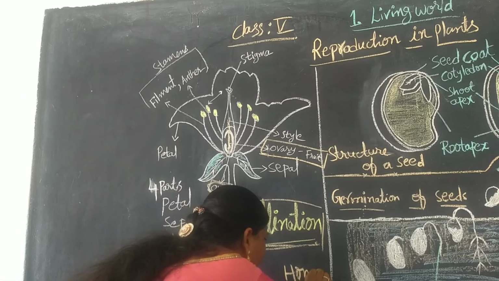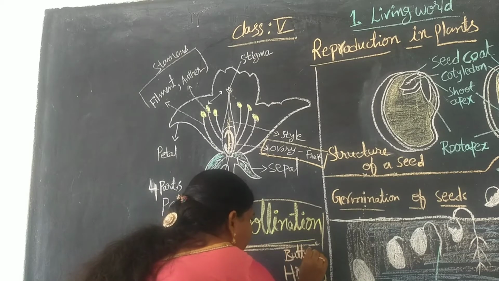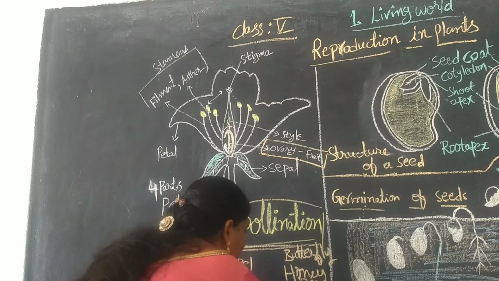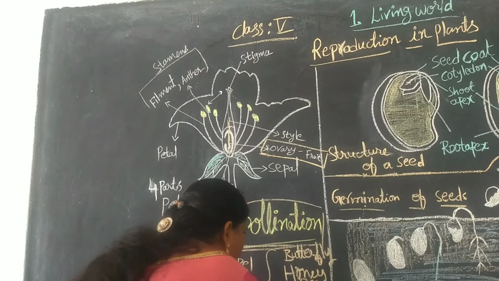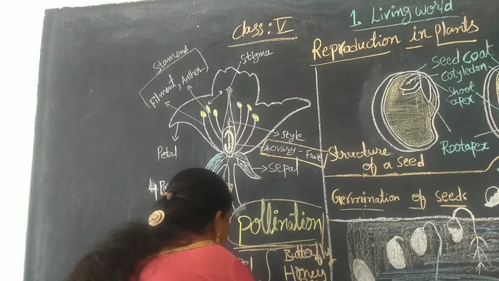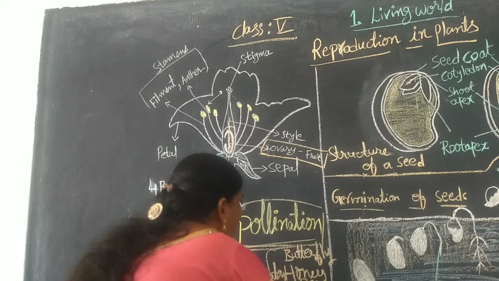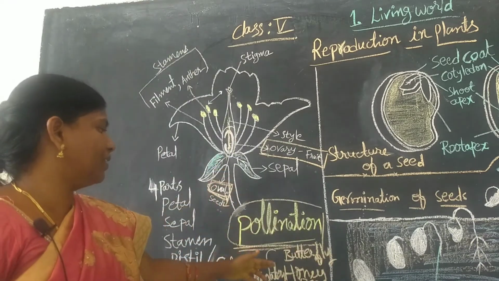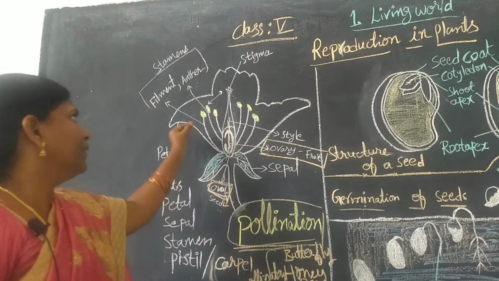Honeybee, butterfly, birds or sparrows. Those are called pollinators. Petals attract these insects, and those are called pollinators.